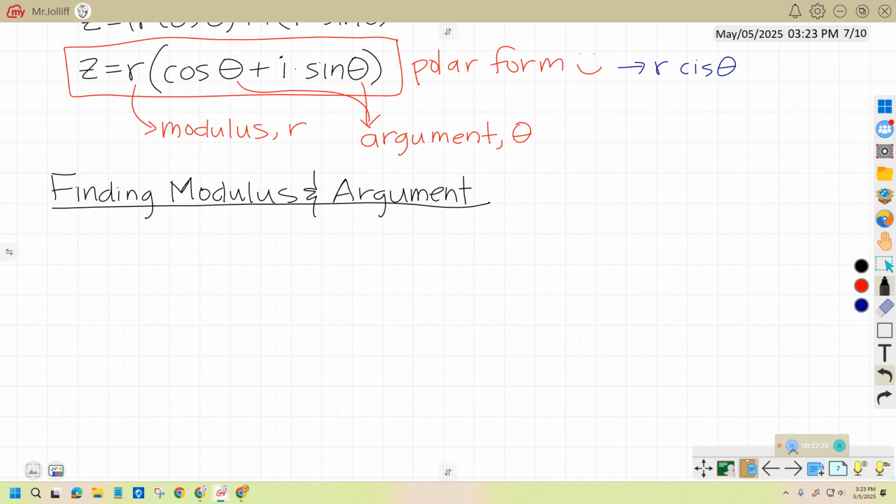And just like rewriting those complex numbers in polar form involved pulling our knowledge of converting between the two, this is also going to do the same thing.